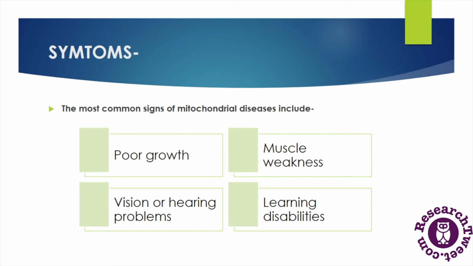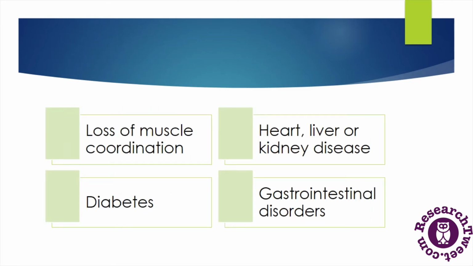But there are some common symptoms of mitochondrial diseases, which include poor growth due to lack of energy, muscle weakness, muscle pain, vision and hearing related problems, learning disabilities, and delay in development and mental retardation. Patients suffering from mitochondrial diseases also experience loss of muscle coordination, heart, liver and kidney related diseases, and many patients are also found to be diabetic and have gastrointestinal disorders.